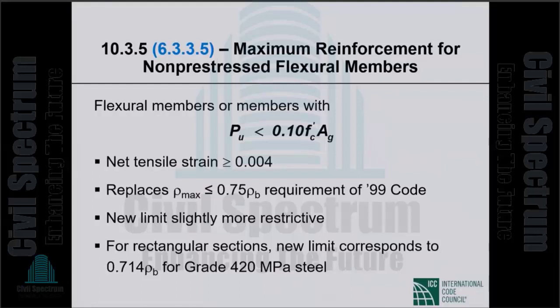Now the maximum reinforcement. This is the last topic. Remember, we could not go beyond 3/4 of rho balanced. Now we say for flexural members with P sub u, required axial strength, less than 1/10 f sub c prime A sub g, net tensile strain shall not be any less than 0.004. Tension controlled sections start at 0.005.